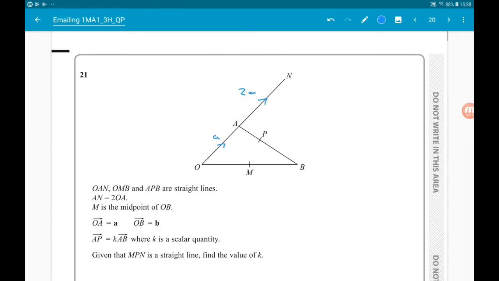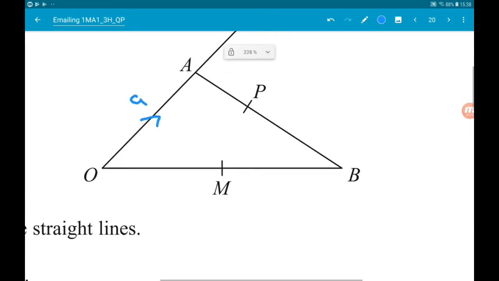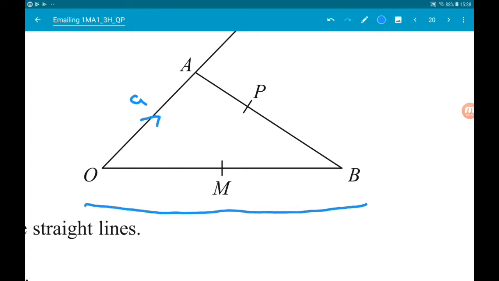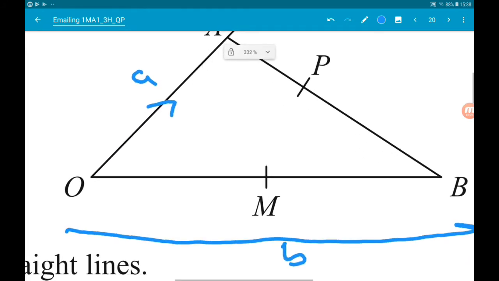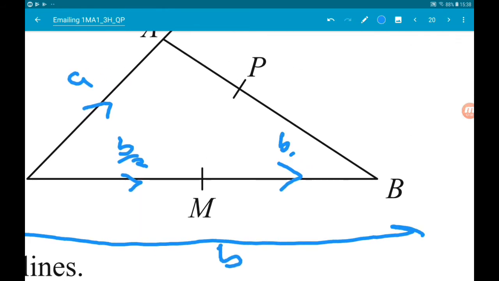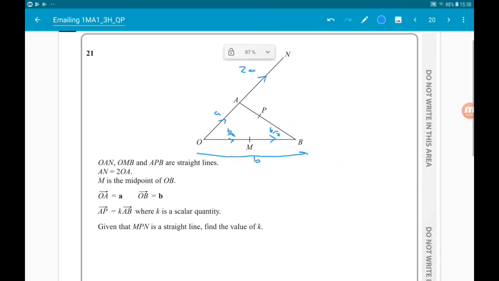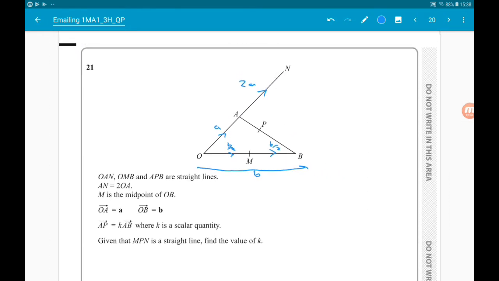Okay, then we're told O to B is little b. So all of that is little b. Now that also tells us O to M is b over 2, as is M to B. Okay, now then we are told that A to P is k lots of A to B, where k is a scalar quantity, so just a number.